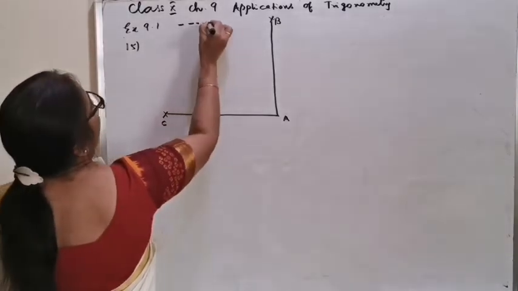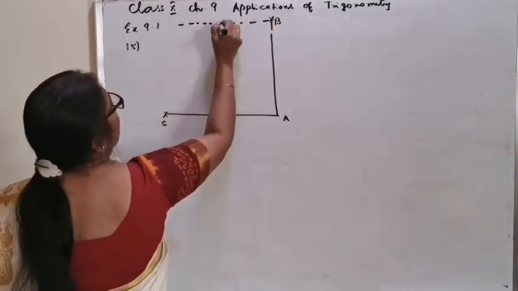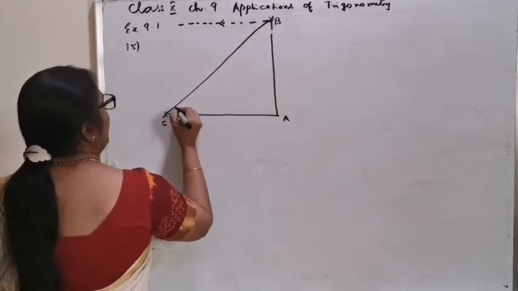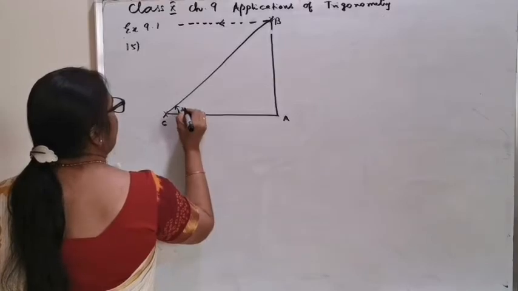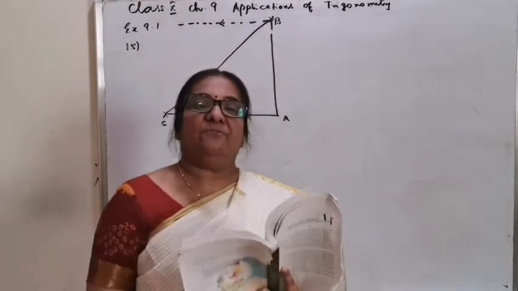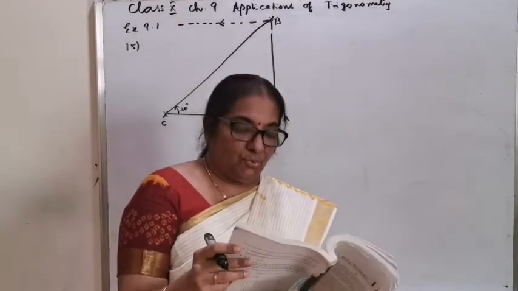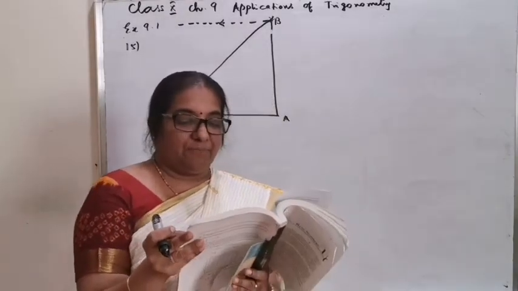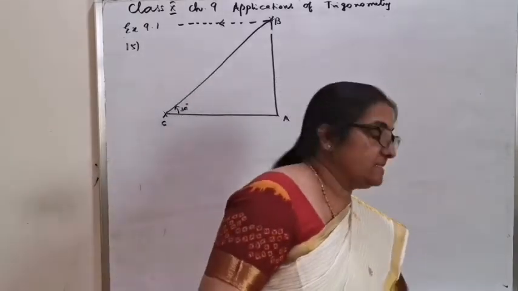The angle of depression, the normal eyesight is here, observing the car at an angle of depression 30 degree, but the car is not stopping, it was moving with a uniform speed. So 6 seconds later, the angle of depression of the car is found to be 60 degree.